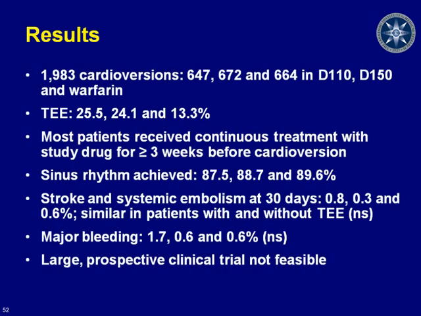Randy Nagarakamsi was the first author, and basically the third bullet point from the bottom showed that stroke and systemic embolization was reduced in patients assigned to 150. The event rates were lower, but not statistically so, because the number of events were quite few.